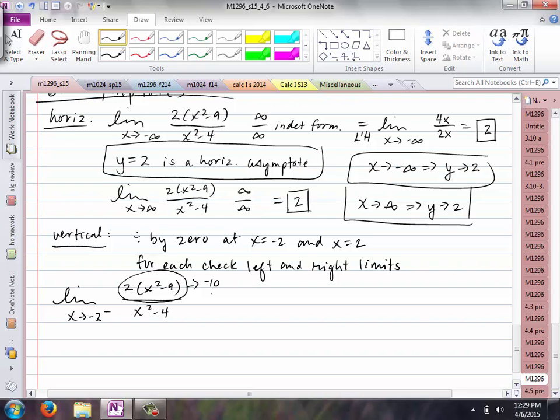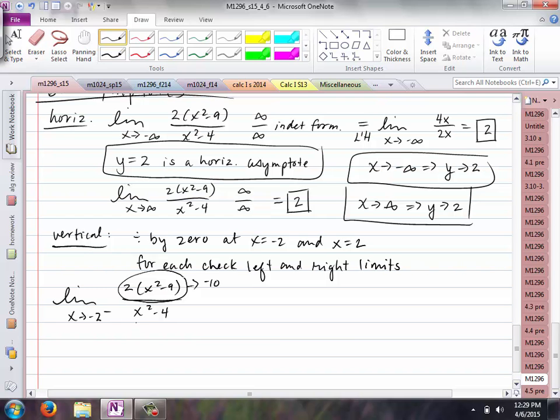If it's negative 9.999 or negative 10.0001, it's really not going to make a difference. If it was at 0, that would make a difference because the sign would change and would change how this function is behaving overall. But because it's just going to a value that's not 0, I can be kind of lazy here and not do the actual left-hand limit.